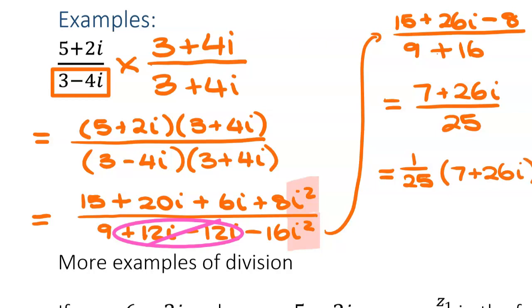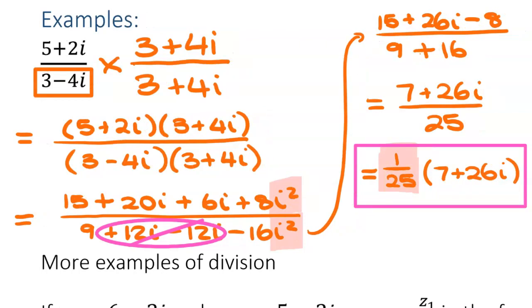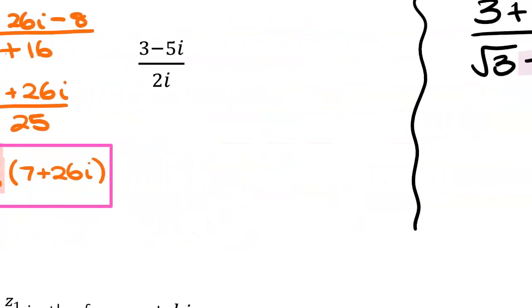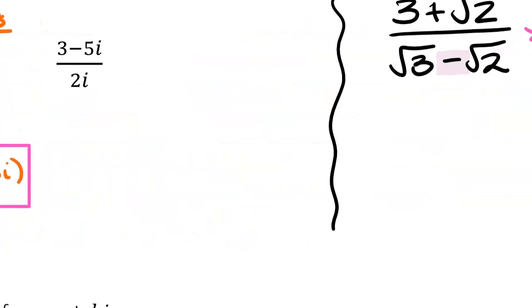I don't know why they prefer it, but they really do. And it's perfectly fine to leave that with that factor out the front. You don't need to distribute that and get 7 on 25 plus 26 on 25i. Really, really important that we leave it looking like this lovely final form here, because that's what they expect of you in Year 12. Okay, let's have a look at another example.